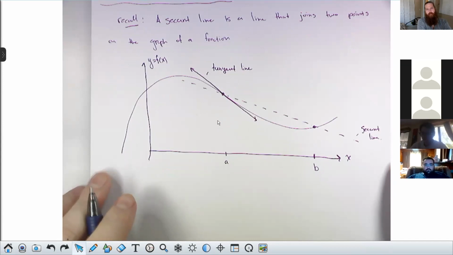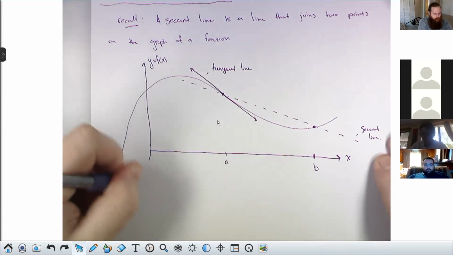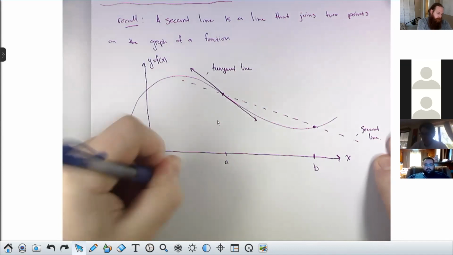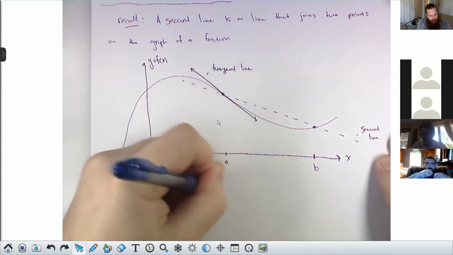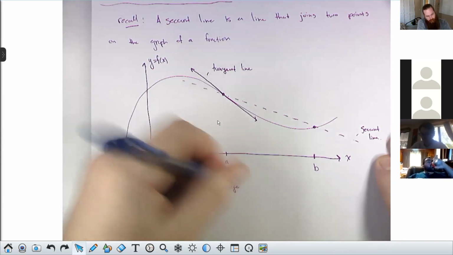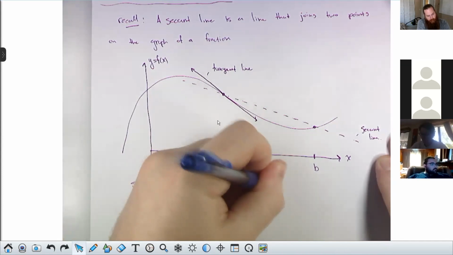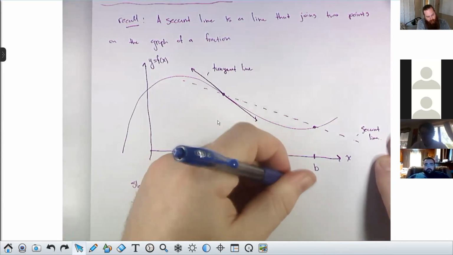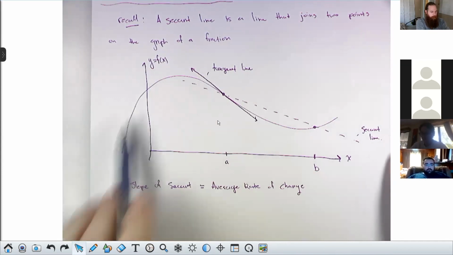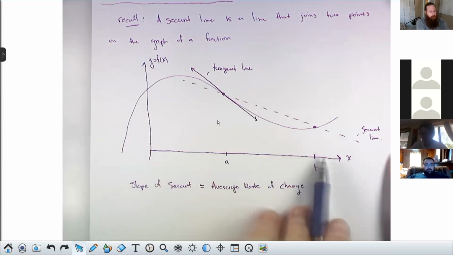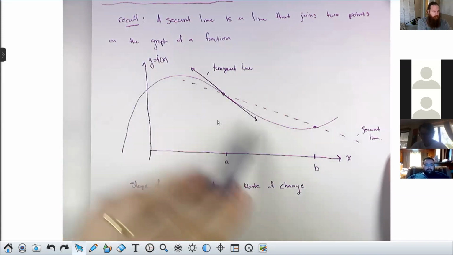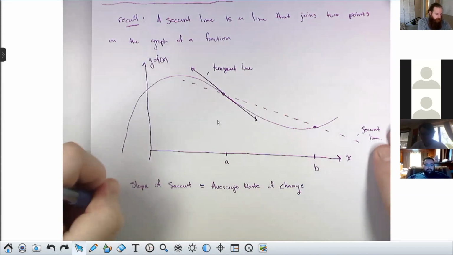So the slope of the secant, that's the average rate of change. So you can think about maybe if your function is measuring position and your horizontal axis is measuring time, then this average rate of change would be your average speed from time A to time B. The tangent line gives you your instantaneous rate of change.